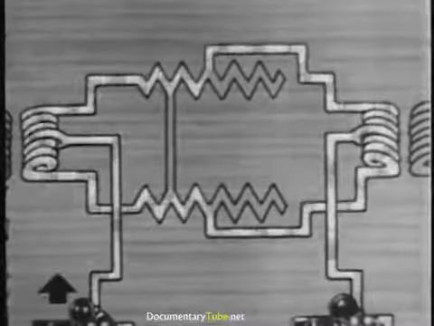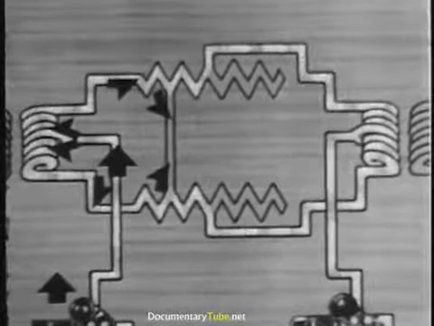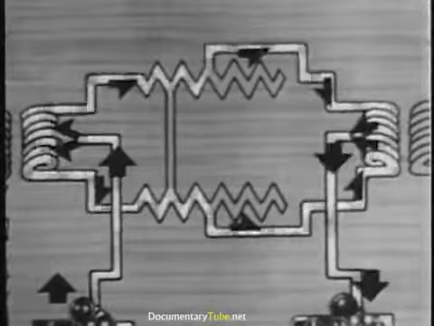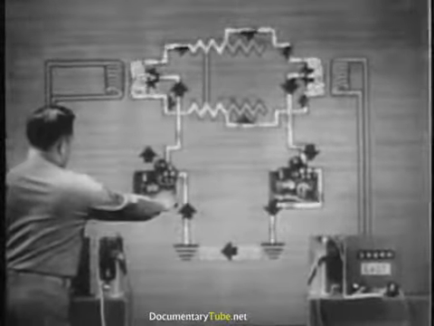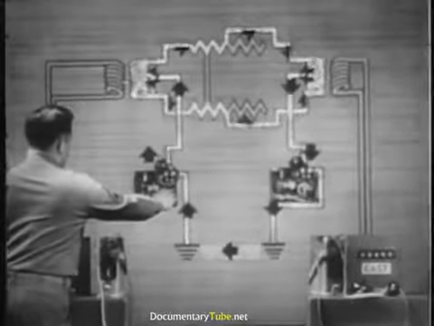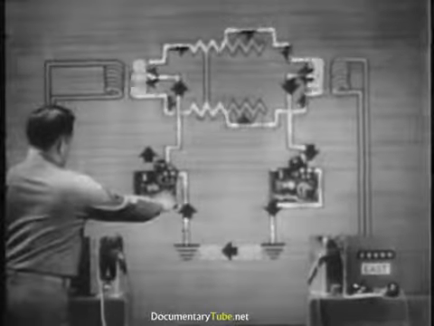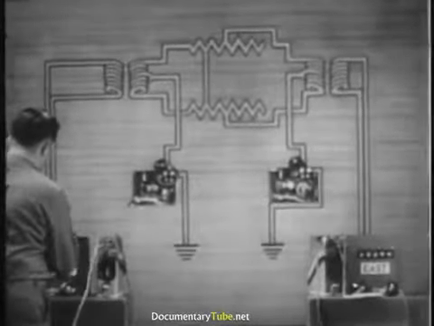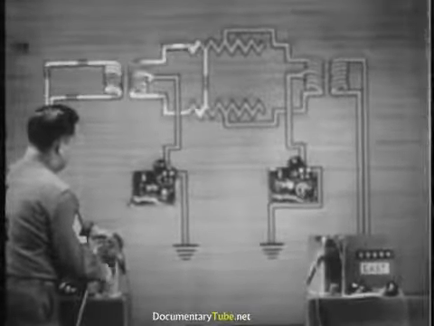At the short, the 2 halves of the current oppose each other, and so no current flows through the short. We can see then that the telegraph channel is unaffected by the short, but the telephone channel is useless until the short is cleared.